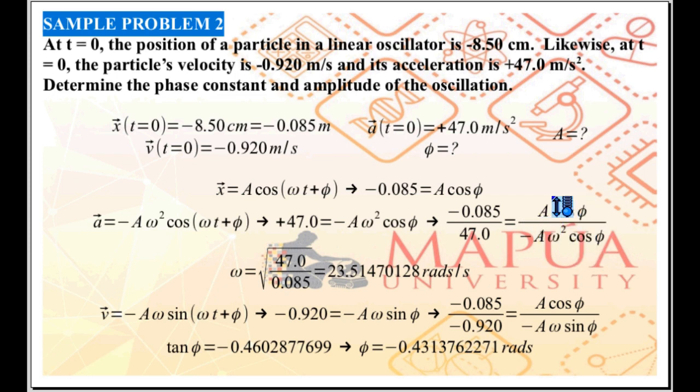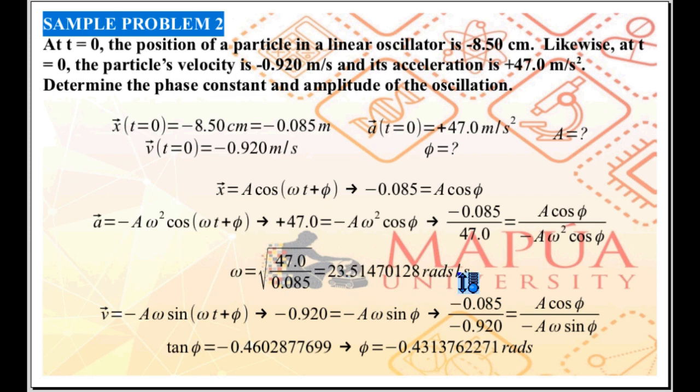We can cancel out A, leaving us with omega as the only unknown. So isolating omega, we are able to calculate omega, the angular frequency of the vibratory motion. Omega is equal to 23.51470128 radians per second.